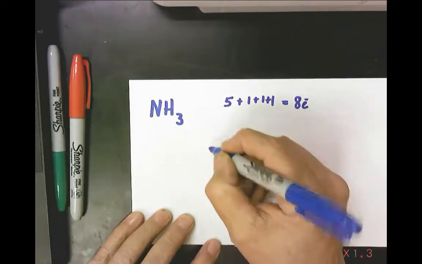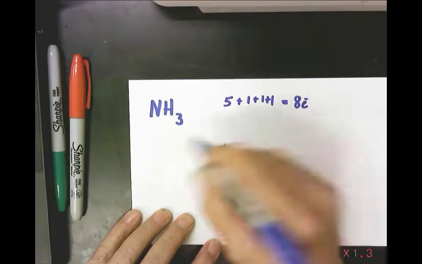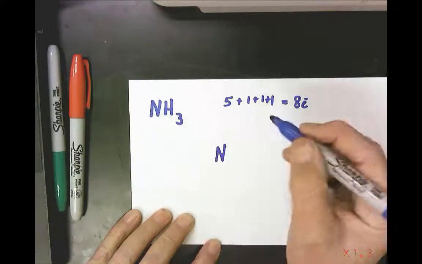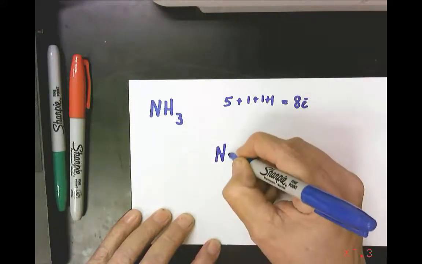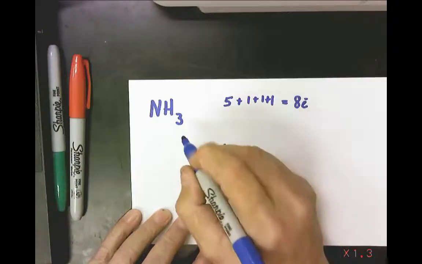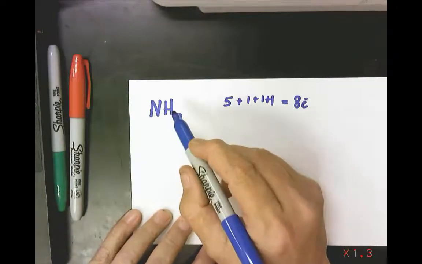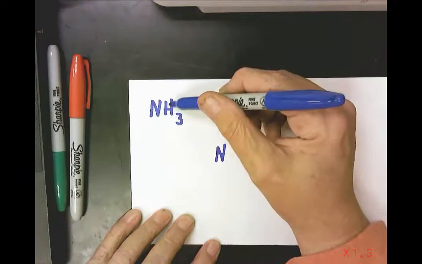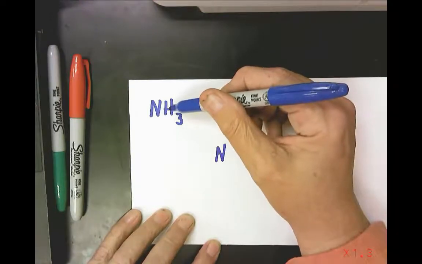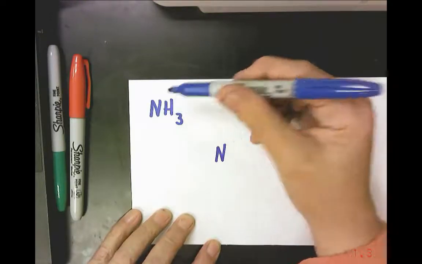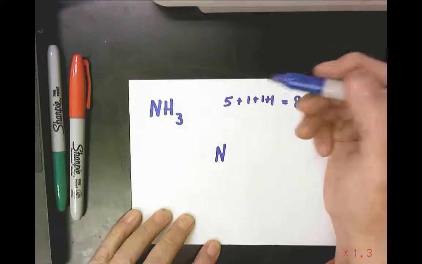First we put our N in the center because it's the least electronegative. Actually, hydrogen might be more of a not so electronegative element, but hydrogen can't have more than one bond, so it couldn't be a central atom.